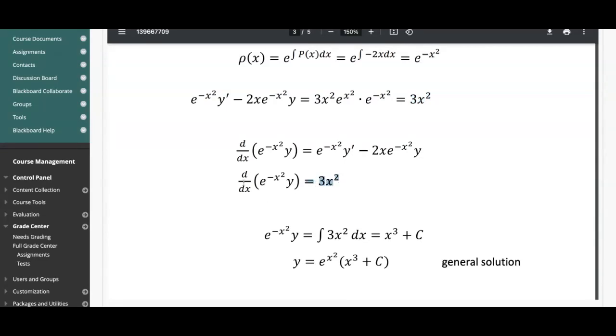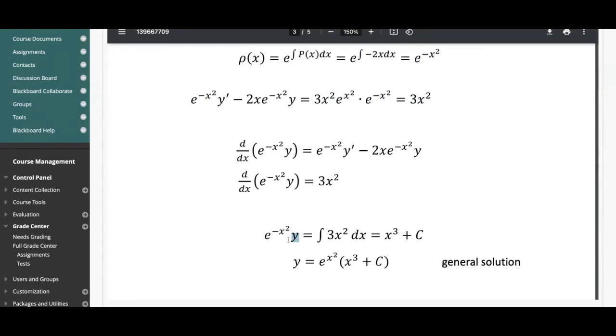Then we integrate both sides. Integration and differentiation cancel out. So we're left with e to the negative x squared times y. Then integrating 3x squared, this is x cubed. Well, we just add one constant. We don't need to add c1 on the left-hand side and c2 on the right-hand side. We just add c on one side.